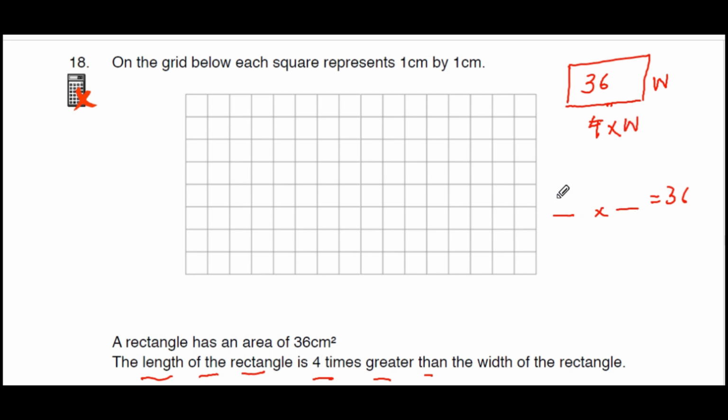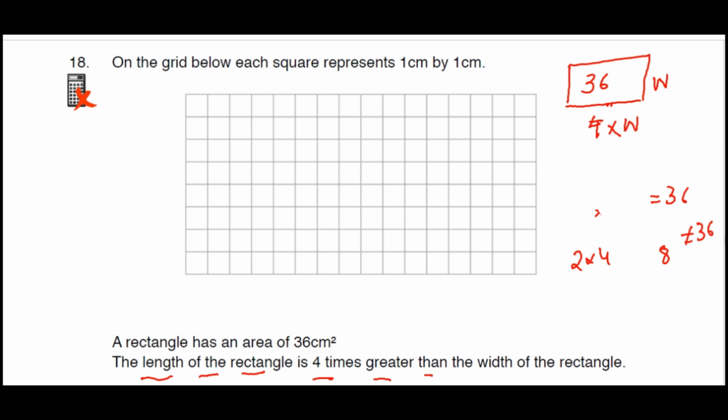For example, if I say that 2 is equal to the width, then 2 times 4 is 8. 8 times 2 is not equal to 36, so that cannot be your answer. So let's change the numbers.